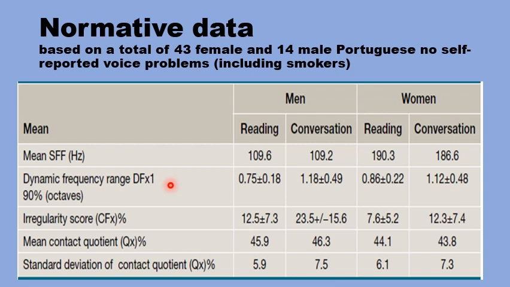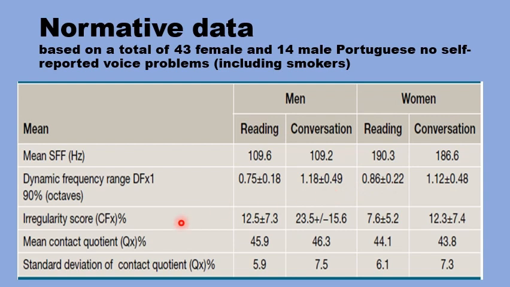It's about 1 octave for both men and women, a bit less than 1 octave while reading, and a bit higher than an octave in normal conversation, and something similar applies to the females.